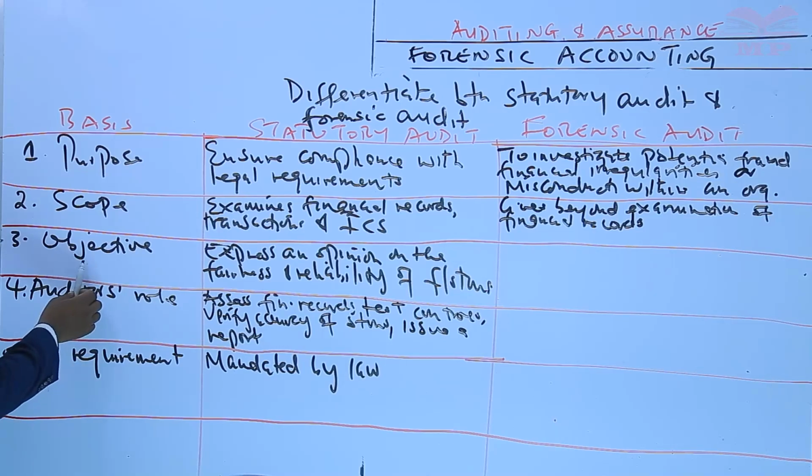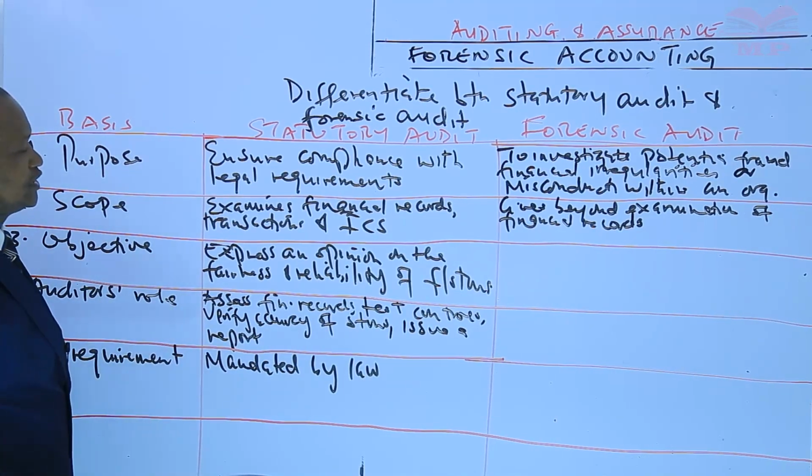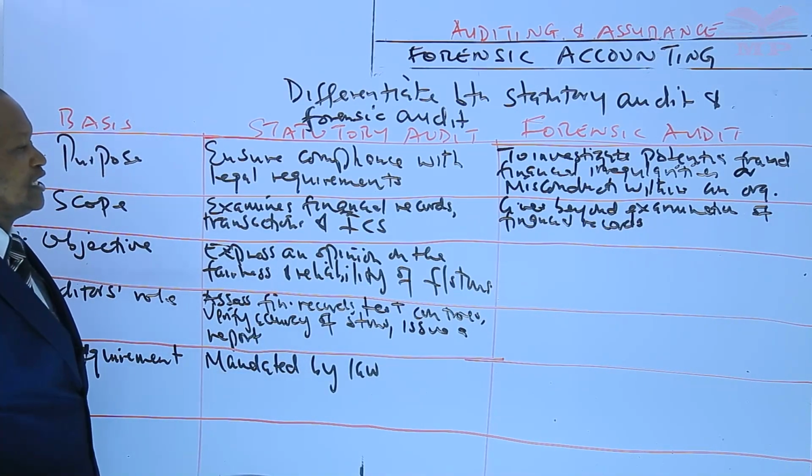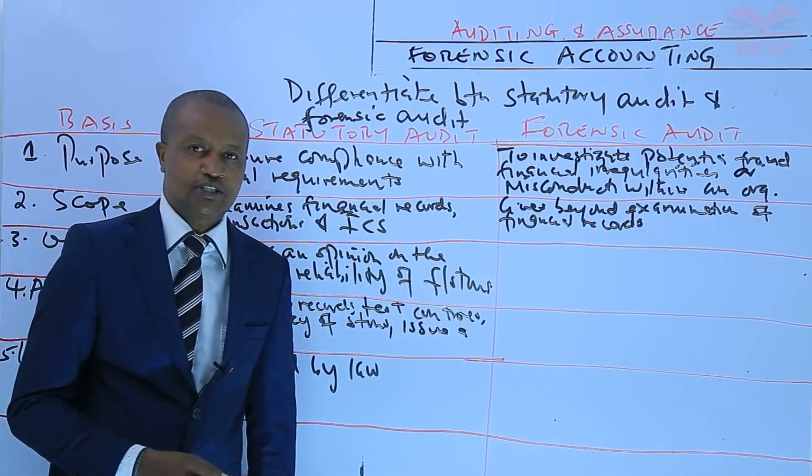The third basis for distinction is the objective. We have seen that the objective of a statutory audit is to express an opinion on the fairness and reliability of financial statements.